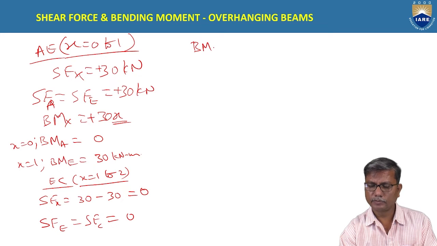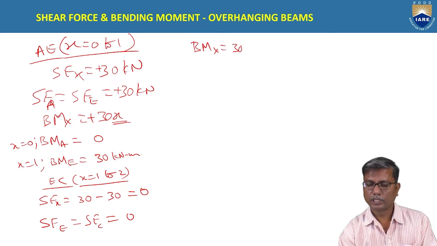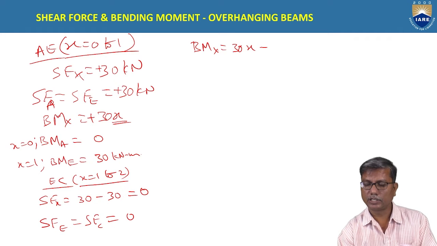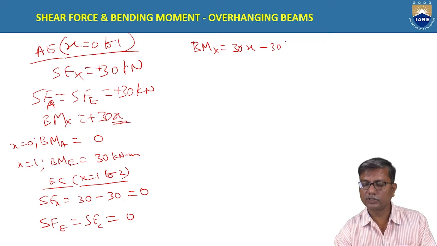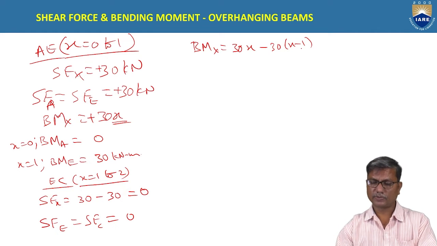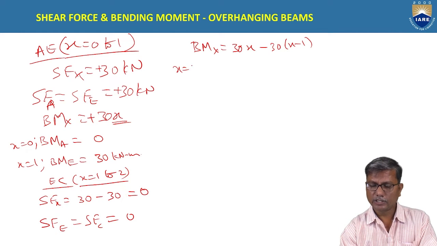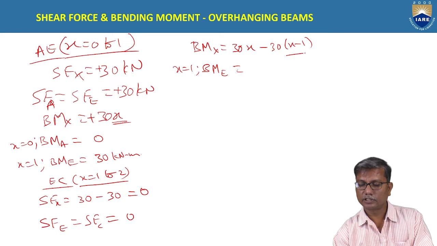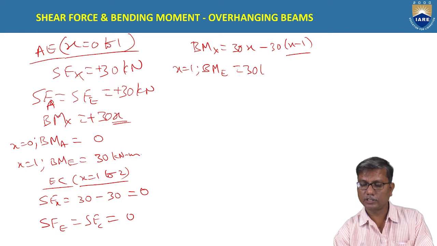And coming to bending moment, we have 30 into x, that is RA into x, minus 30 into x minus 1. At x equal to 1, bending moment at E is equal to, this term is 0, so you will have 30 kilonewton meters.